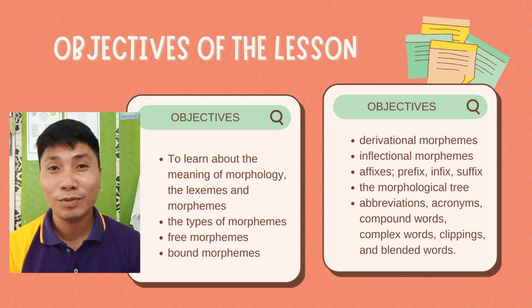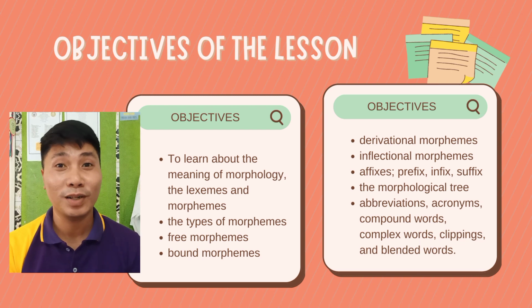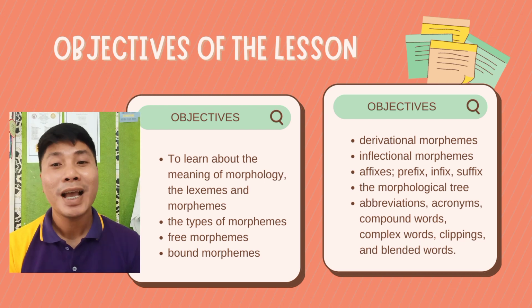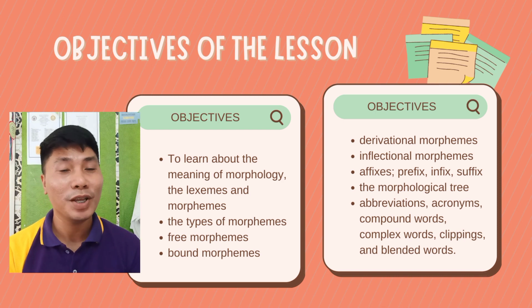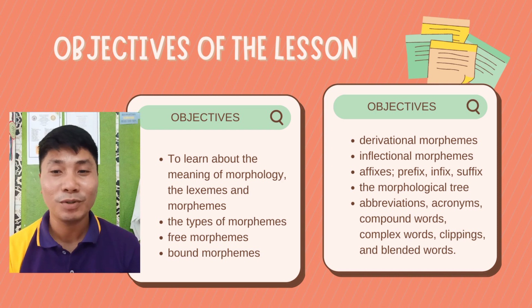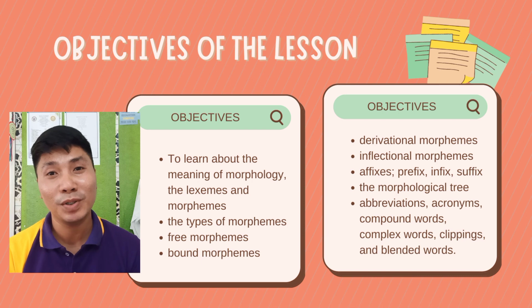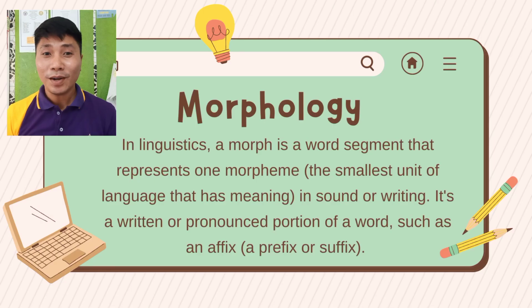I will be showing also the morphological tree later in our discussions, and the abbreviations, acronyms, compound words, complex words, clippings, and blended words in other word formations. So let's start the discussion.